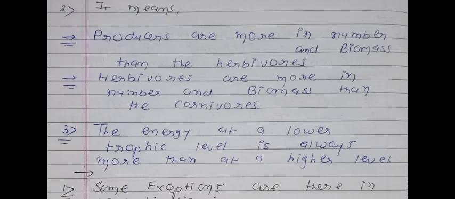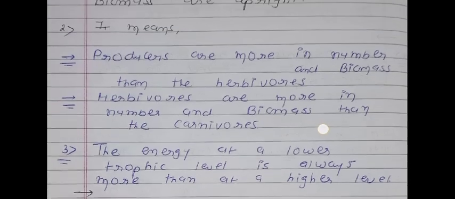While, see the second sentence, herbivores are more in number and biomass compared to the carnivores. Herbivores, which are located in the second trophic level, are more in number and biomass than the carnivores, which are located in the third trophic level.